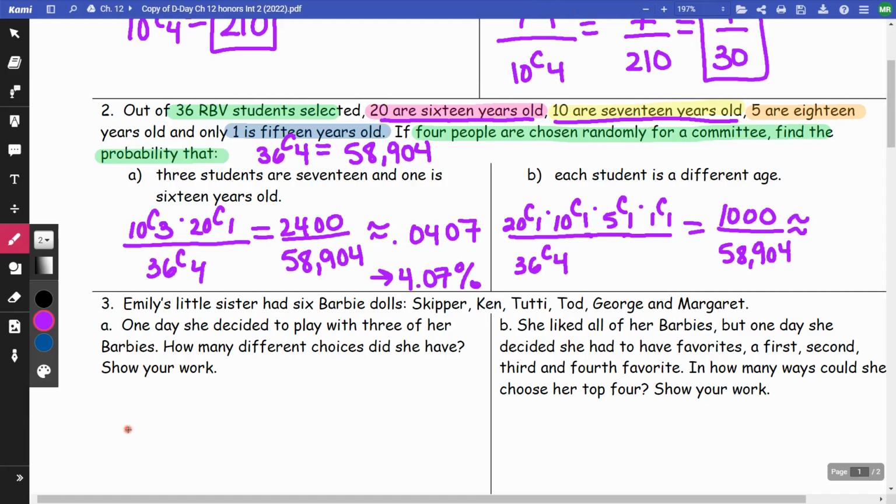When I put that into my calculator, I end up with about 0.01697, so let's say 0.017. That would be a 1.7% chance of that happening. Okay, on number 3.